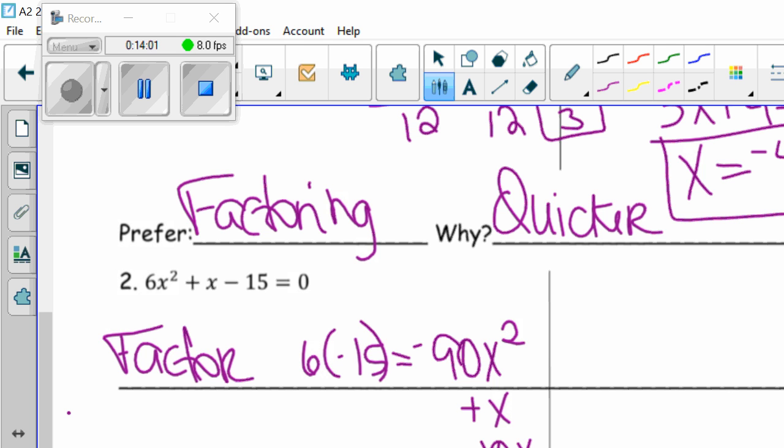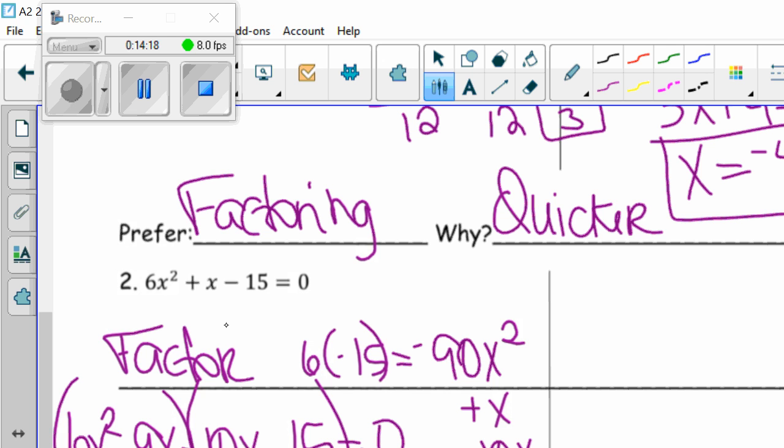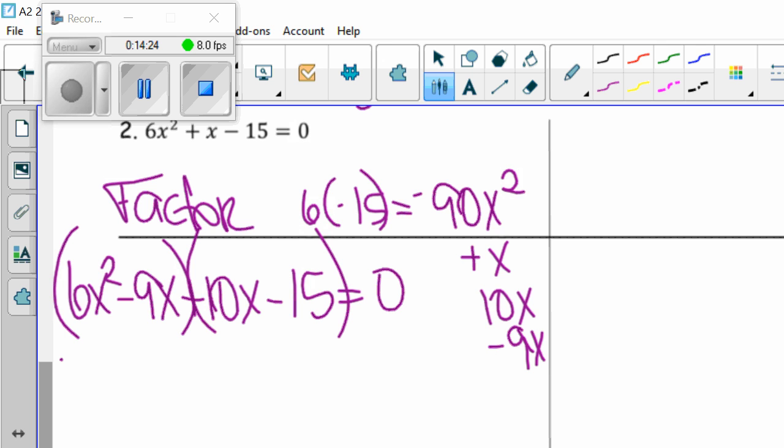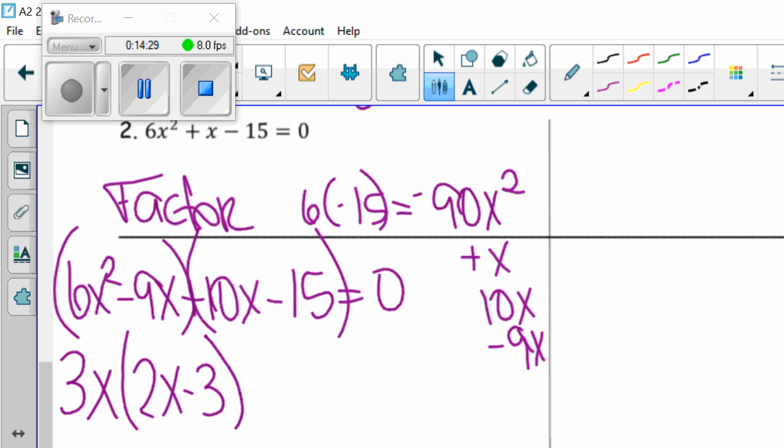So I'm going to rewrite this. So 6x squared minus 9x plus 10x minus 15 equals 0. So I just rewrote the positive 1x as negative 9x plus 10x. Group the first two and the second two terms together. Take out your GCF. So 6x squared minus 9x, I can take a 3x out, and I'm left with 2x minus 3.